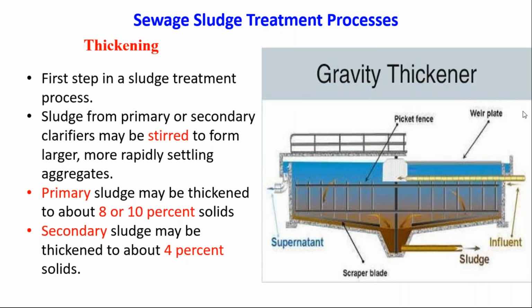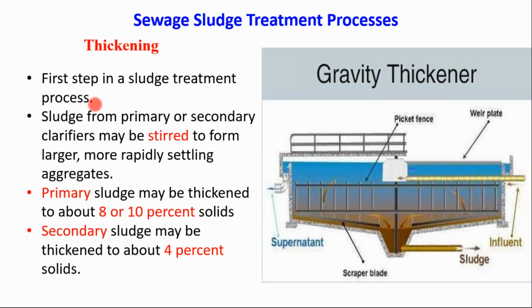The first stage of the sewage sludge treatment process is thickening. Thickening means removing the maximum moisture or water from this sludge to create maximum solid content. That solidified part is called sludge, and the equipment in which this is done is called a gravity thickener.